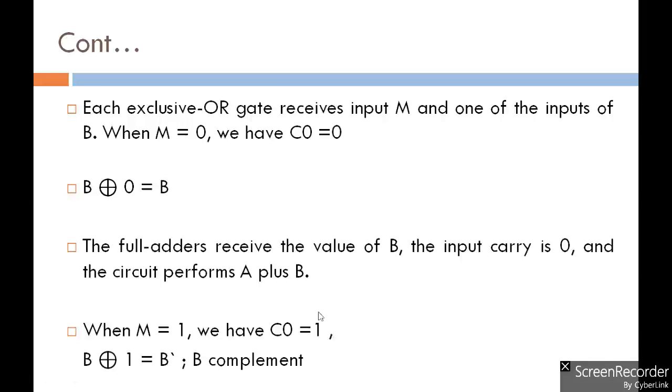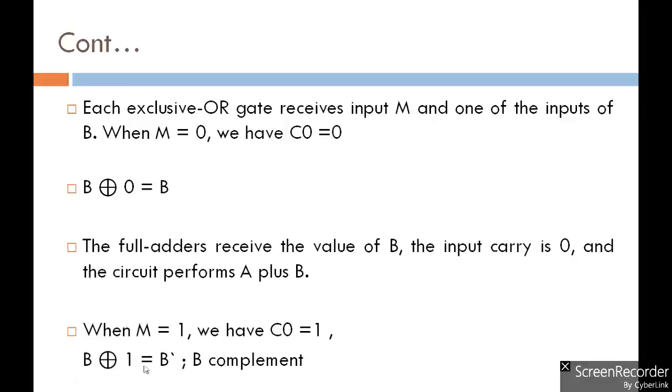As we are having C0 equal to 1, it will do the 2's complement of B. That means by having the exclusive OR gate, we have B dash, and by adding this 1 to B dash, we will have the 2's complement of B, because the 2's complement of any number is equal to the 1's complement of the number plus 1.